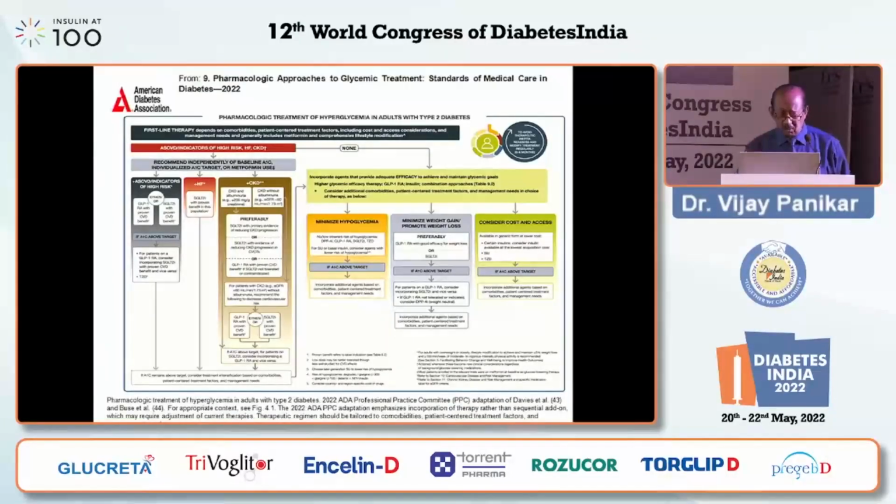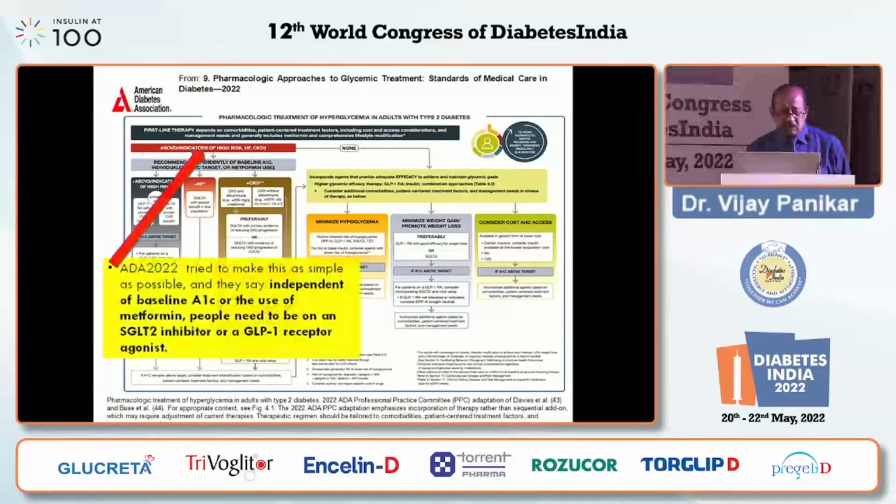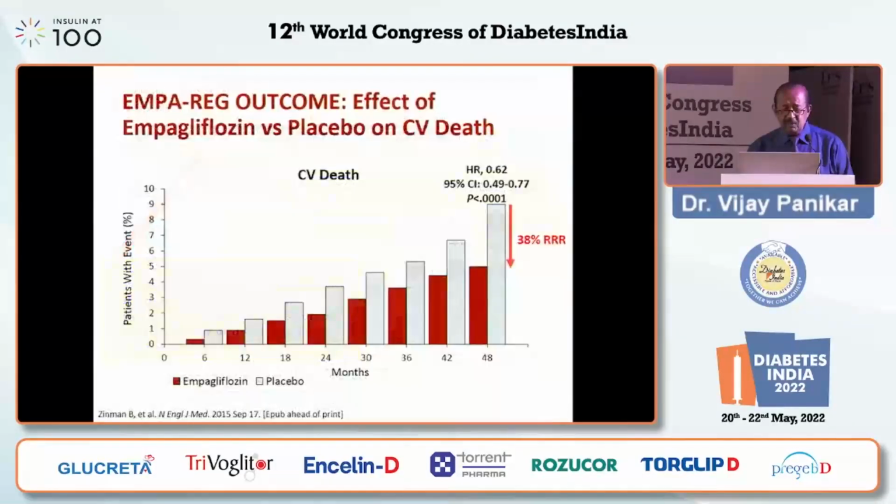That is what all the current recommendation is. So in short, ADA has tried to make it as simple as possible, and they say independent of baseline A1C, whatever the A1C, the use of metformin, people need to be on a SGLT2 inhibitor or a GLP-1 receptor agonist. So that is where SGLT2 is today.